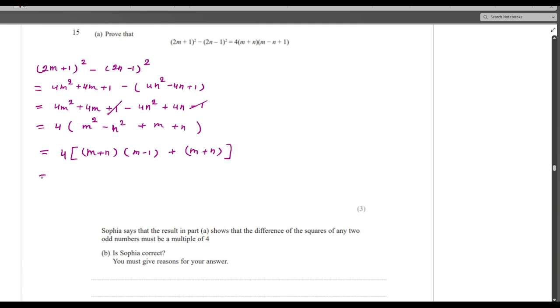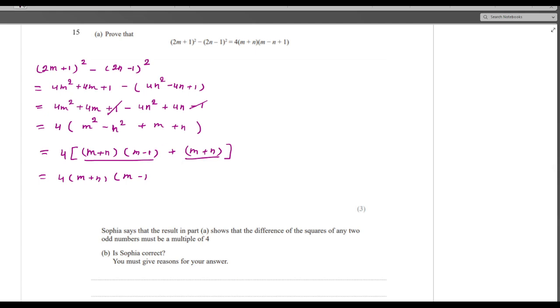So you can take that m plus n common. When you take m plus n common, here we have m minus n remaining, and here 1 is remaining, so you will write m minus n plus 1, and this is what you have to prove.